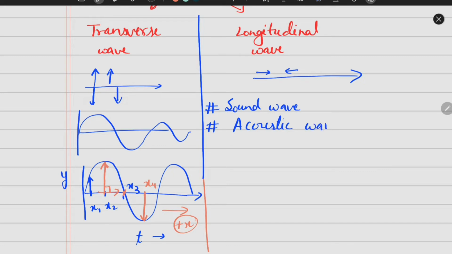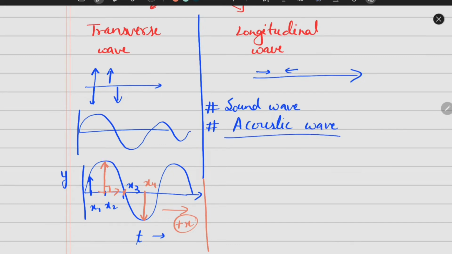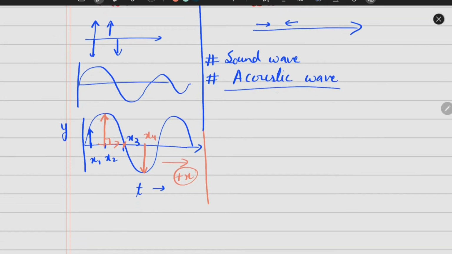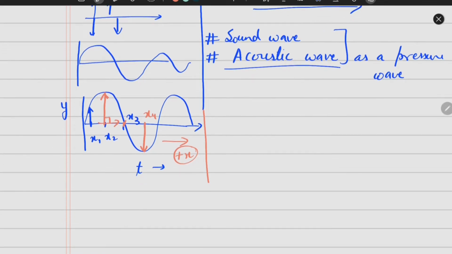We will discuss this topic in our next classes. Here we can say the acoustic wave is a pressure wave. Let us suppose that I am speaking like this, and the air just in front of my mouth is compressed.